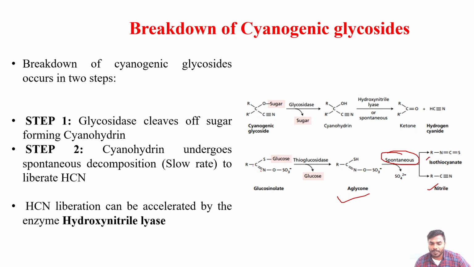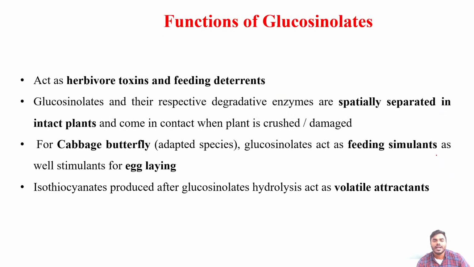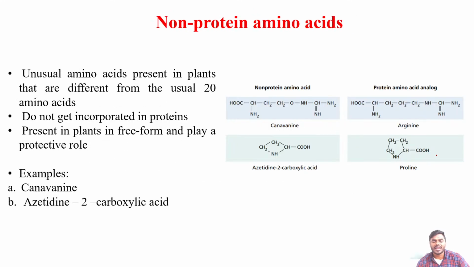It contains carbon, nitrogen, sulfur, oxygen, sugar, glucose. First glucose will be cleaved, glucosinolate converted into aglycone, which undergoes spontaneous decomposition, giving rise to isothiocyanate and nitrile. Friends, the last and final class of nitrogen containing compounds I told all of you, just remember the examples.